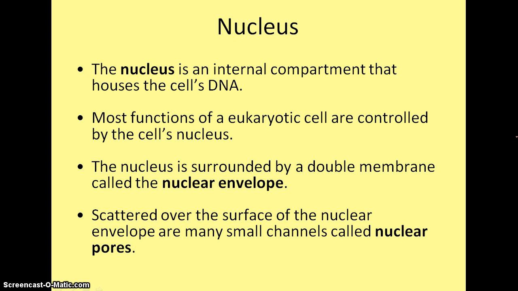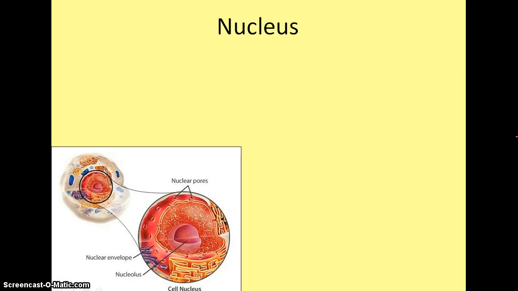Now, a nucleus looks like this. You've got your main cell all around here, and then right here in the dead center, there's the nucleus. Now, in actual cells, the nucleus isn't always dead center, but it's sort of in the middle.